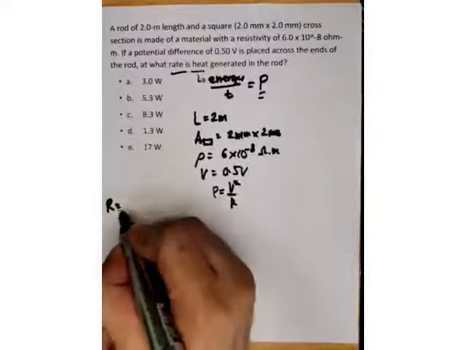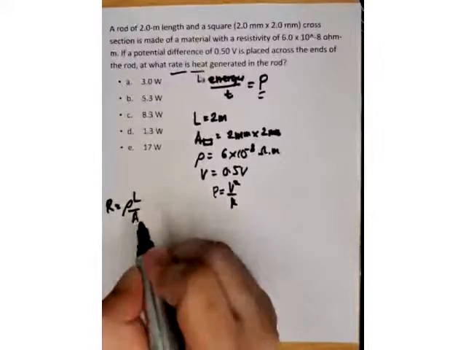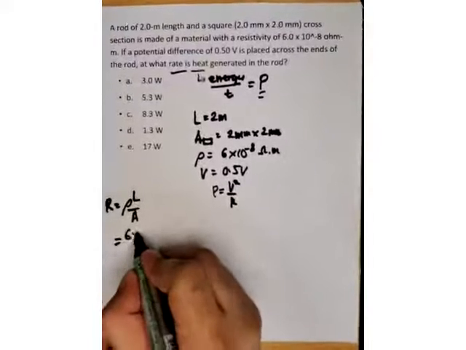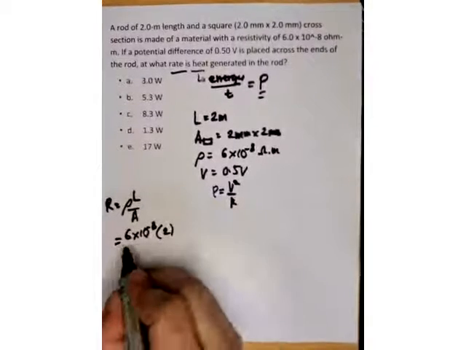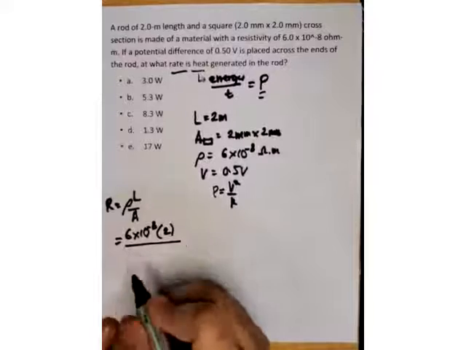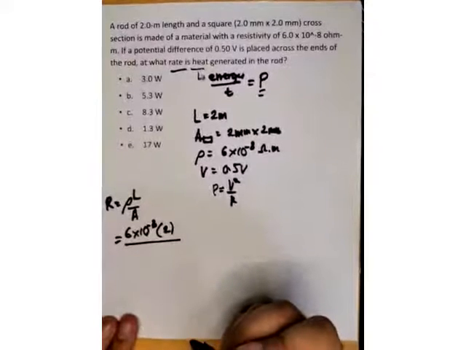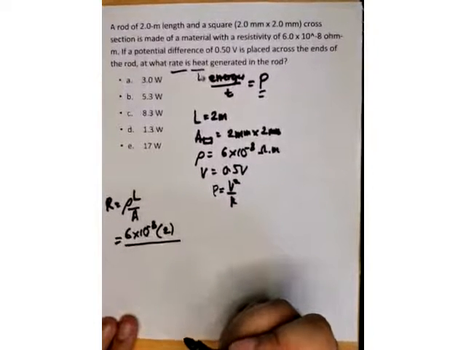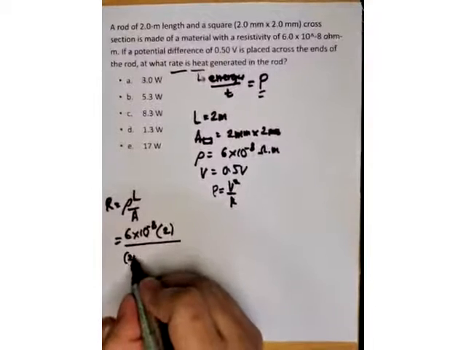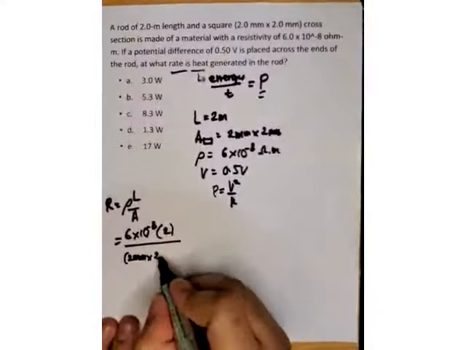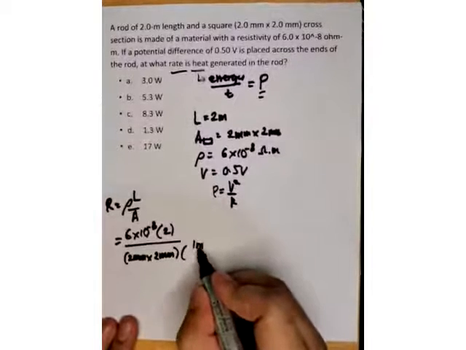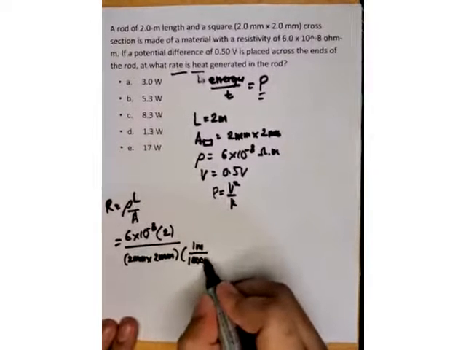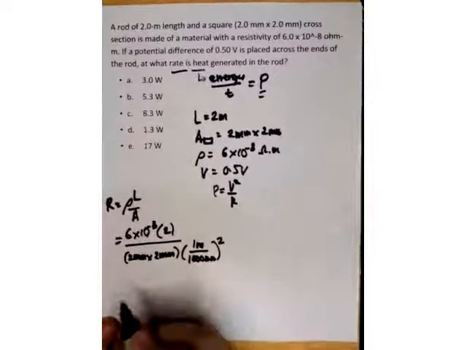So R is rho L over A. So that's equal to 6 times 10 raised to negative 8 times 2 all over, okay, 2 millimeter by 2 millimeter times, for every meter, merong 1,000 millimeter. Since dalawa sila, square natin.